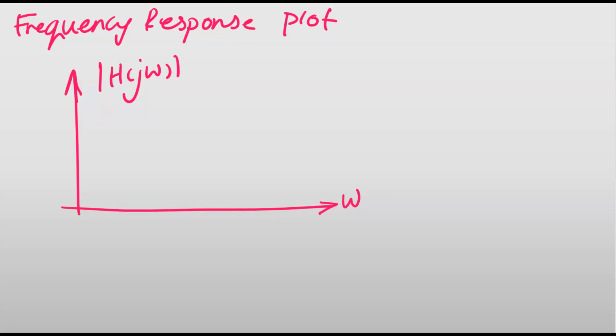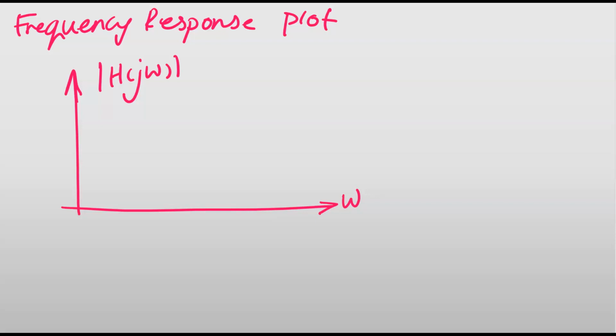So here in this slide, I want to show you four major types of filter based on their frequency response plot. Based on how the relationship between omega and the magnitude of H at j omega looks, we can divide our frequency response plots into four main categories.